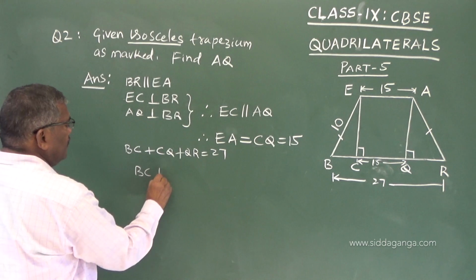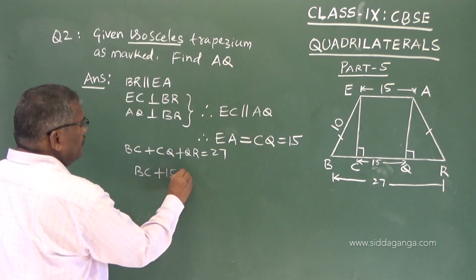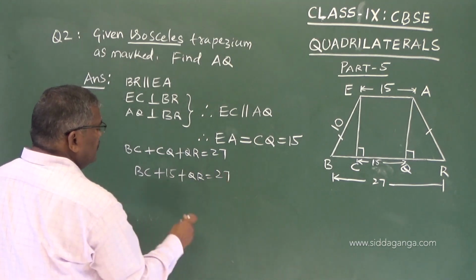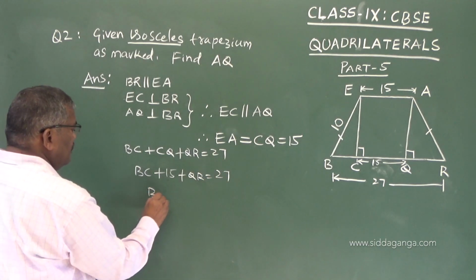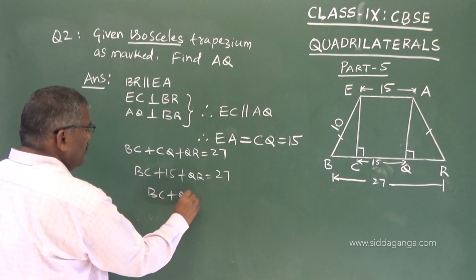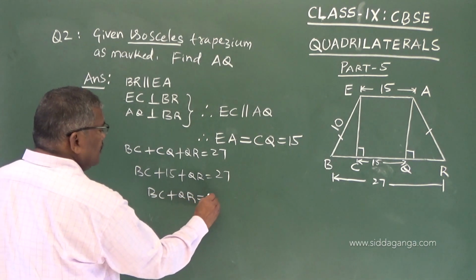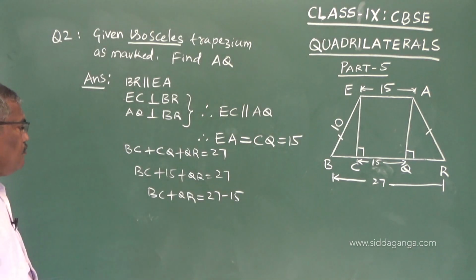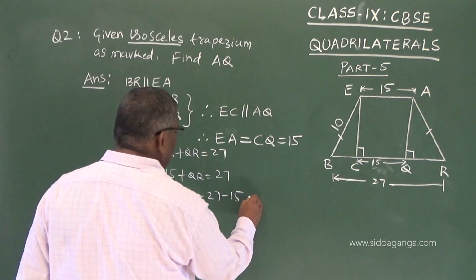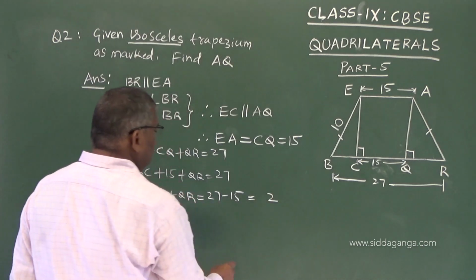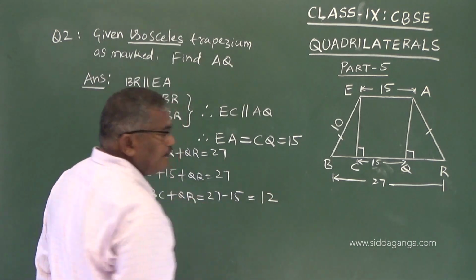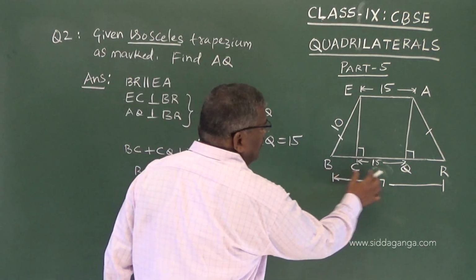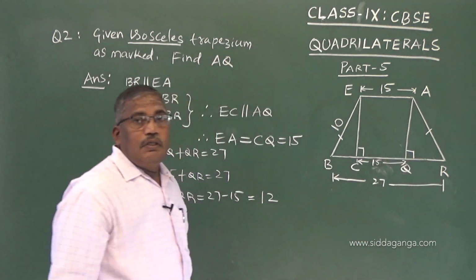So BC plus 15 equals 15 plus QR equals 27. So BC plus QR equals 27 minus 15. So that equals 12 units. So the sum of BC and QR.